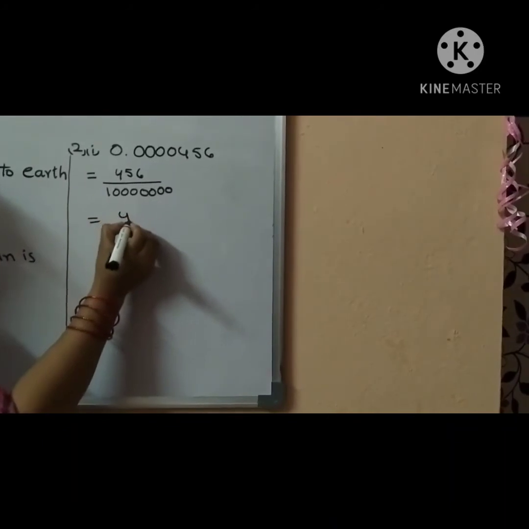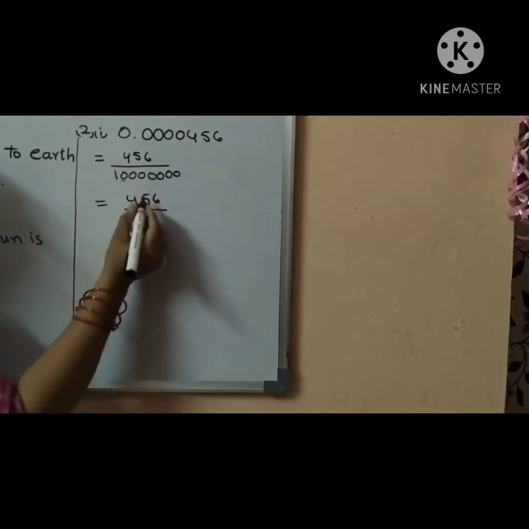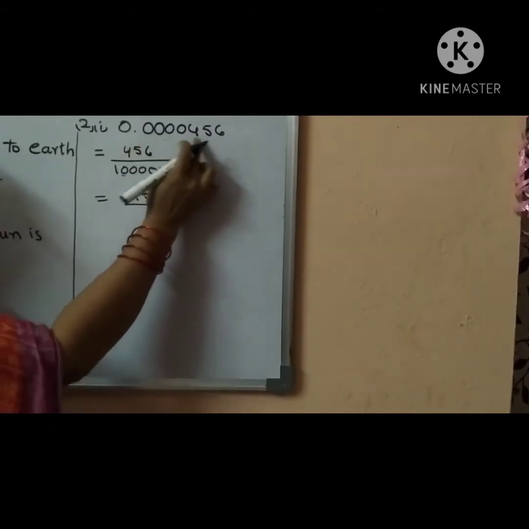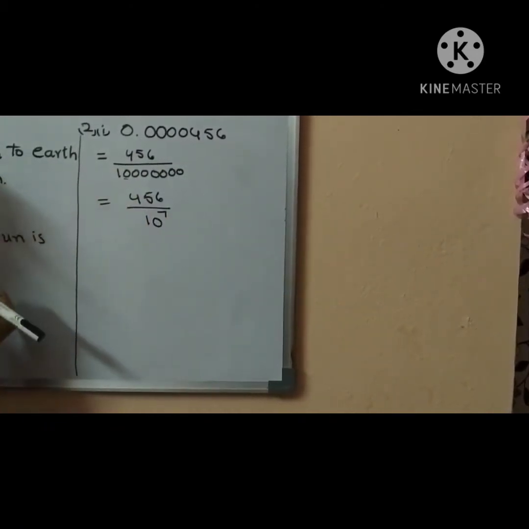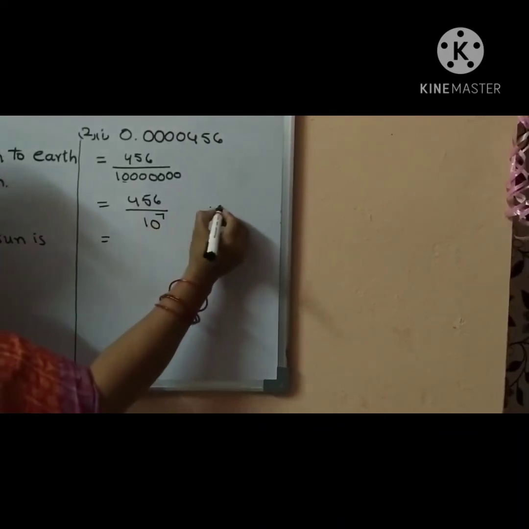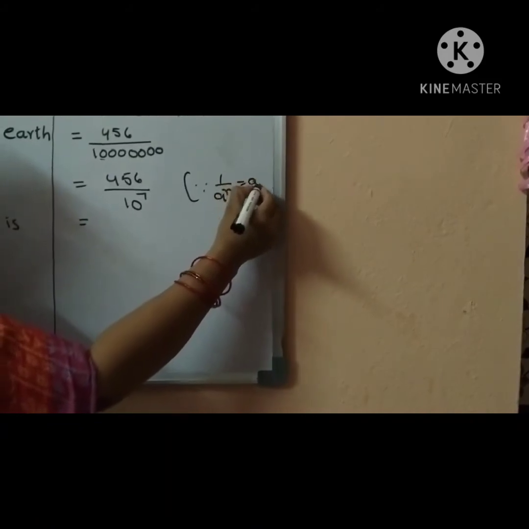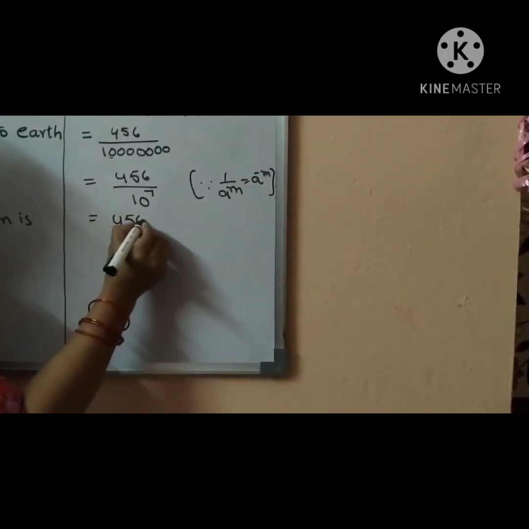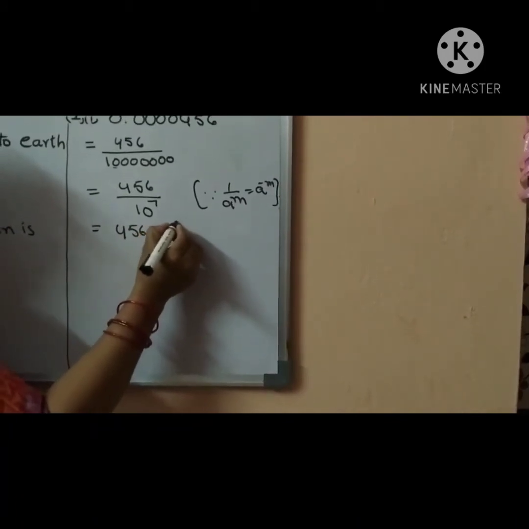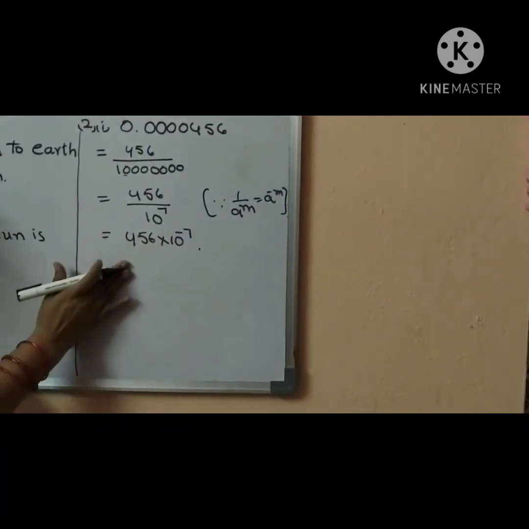So 456 by how many zeros are there here? 7 zeros, because here 7 digits. So write here 10 power 7. Since 1 by a power m equals a power minus m, write here 456 into 10 power minus 7. Okay, it is a standard form.